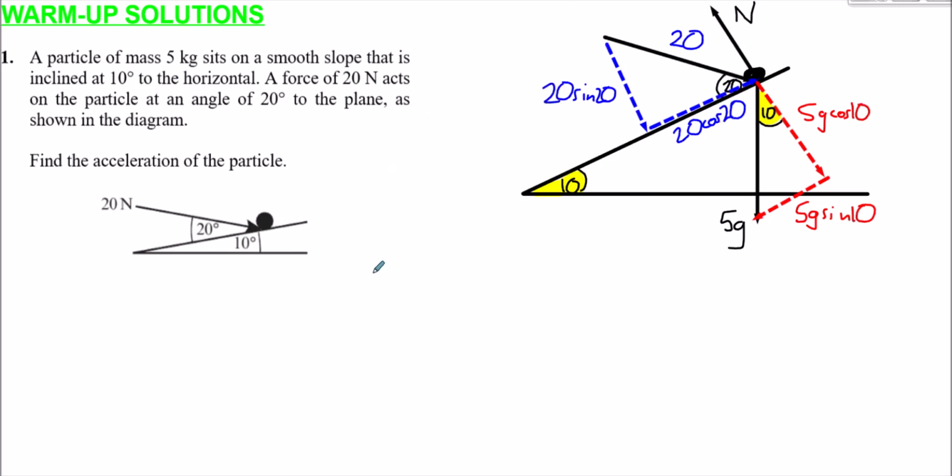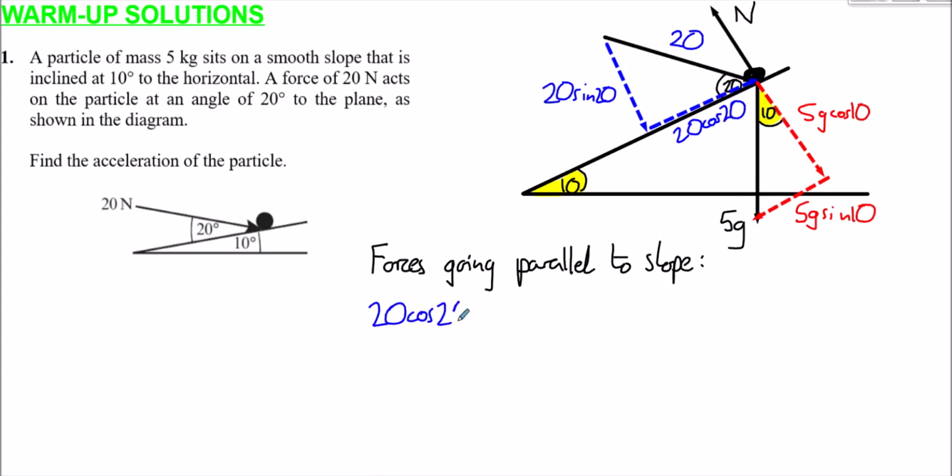So let's consider forces going parallel to the slope. So going up the slope, we've got 20 cos 20, which will take us our positive direction going up. So let's say up is positive. But then going in the opposite direction, going down, we have 5g sin 10.